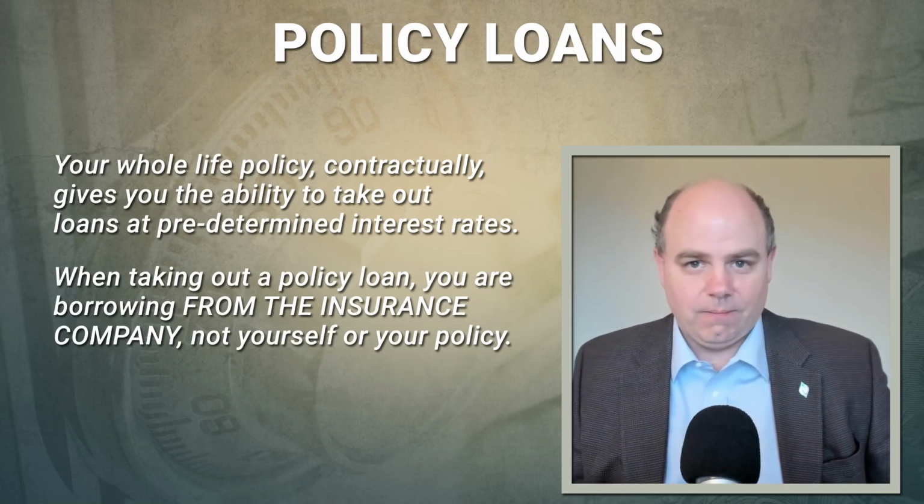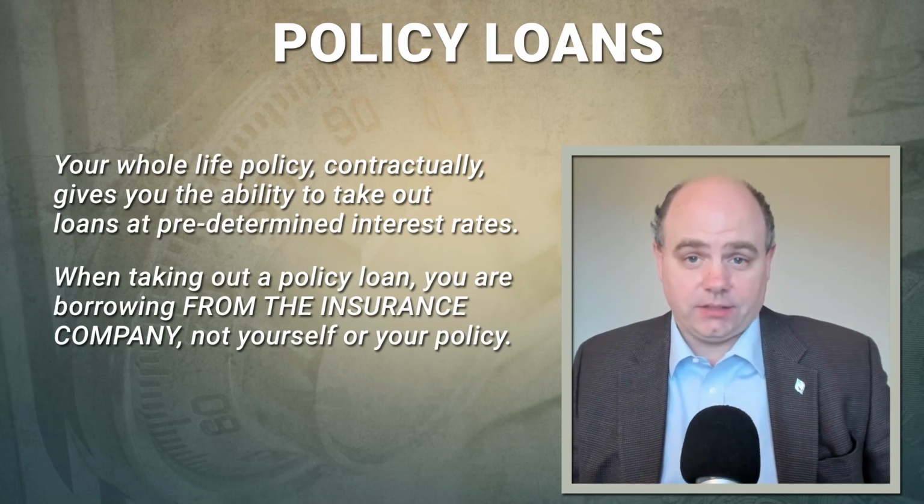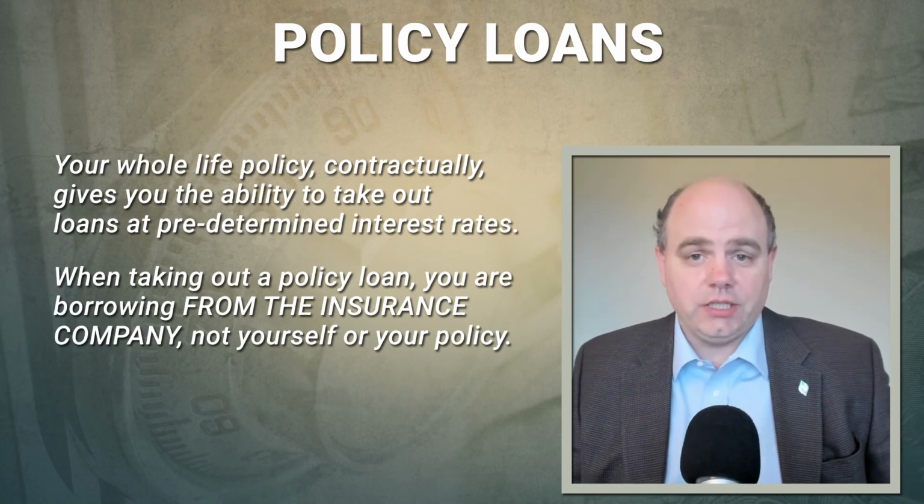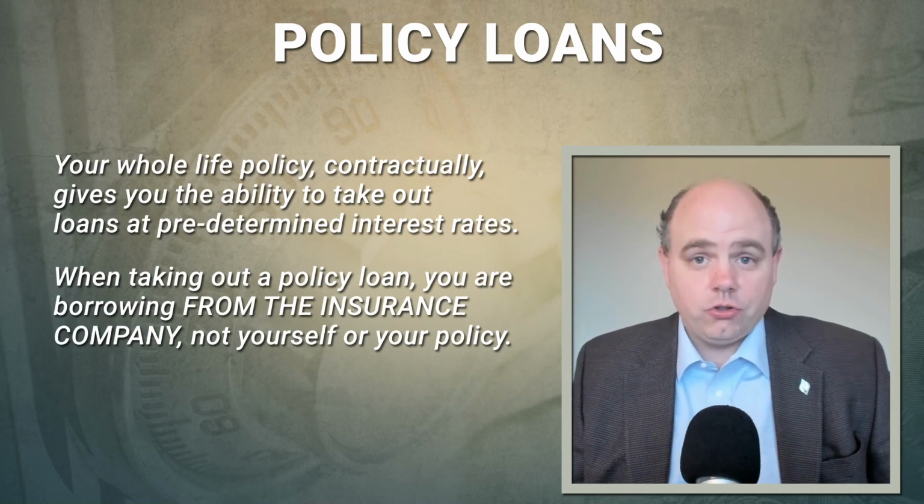You're not. All right, so again, what actually happens when you take out a policy loan is the life insurance company is using some of its money that it might have otherwise used to go buy bonds, let's say, and instead of buying some other asset with the money they have coming in their coffers that month, you request a policy loan, and so they make a loan to you.